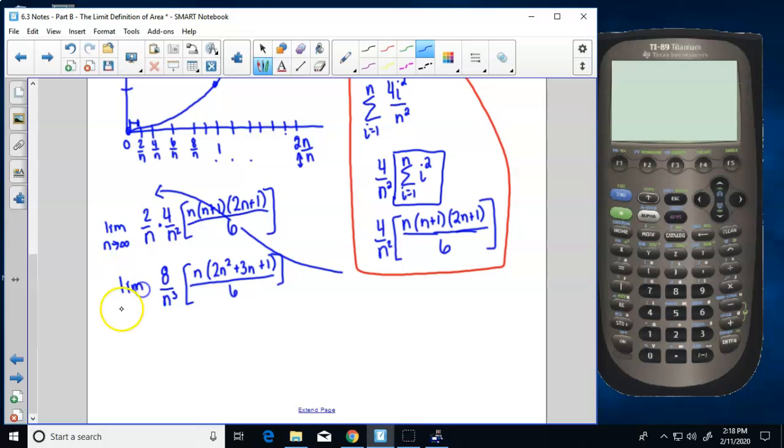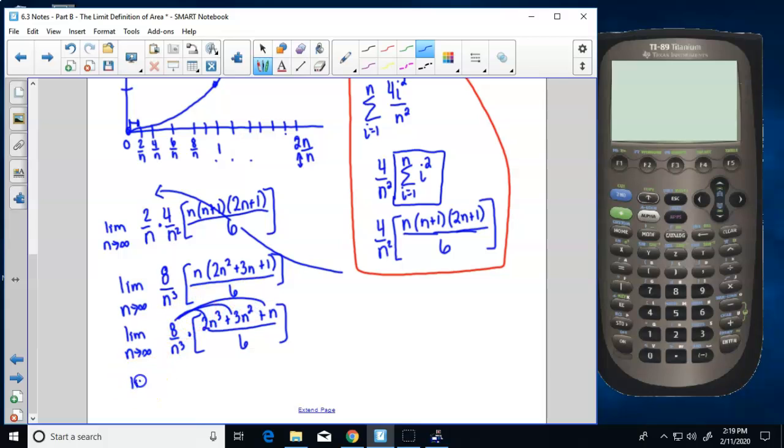Don't lose your limit notation. And so we'll have 8 over n cubed times 2n to the third plus 3n squared plus n all over 6. And then if we just multiply top and bottom, we'll distribute this 8 right here.